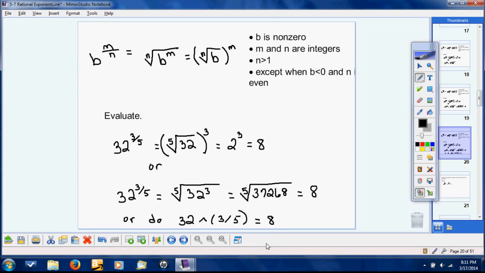Okay, I want you to take a minute and do that. Take your calculator. I want you to put in 32, find that caret, parentheses, 3 divided by 5, close the parentheses, and push equals.